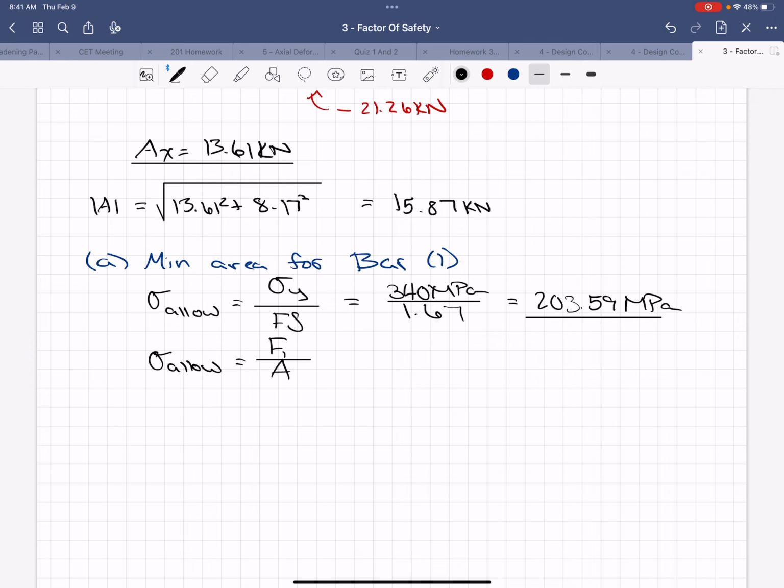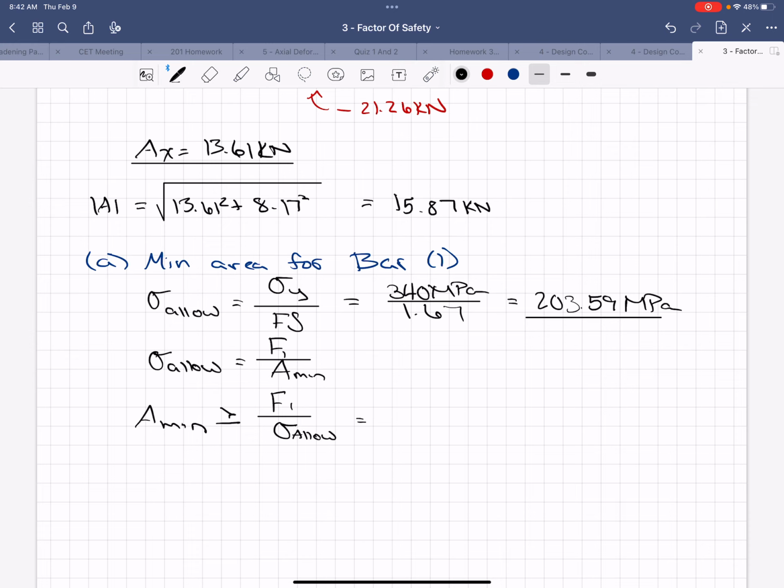We know F1, we know sigma allow, so we can solve for the minimum area. So we're going to call this A min. A min is greater than or equal to F1 over sigma allow.